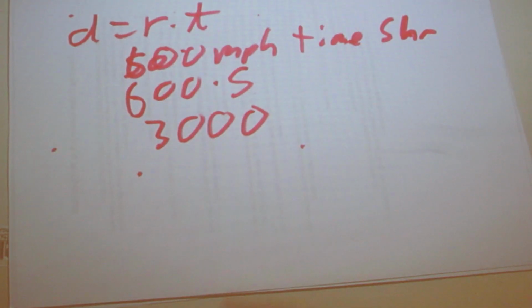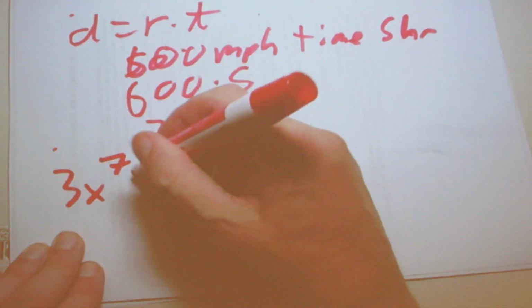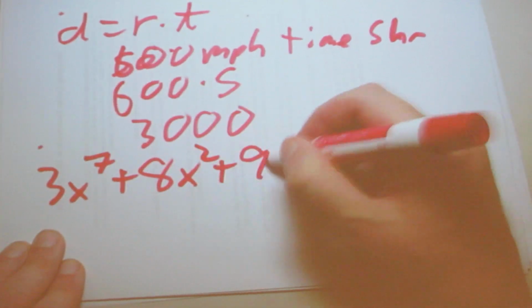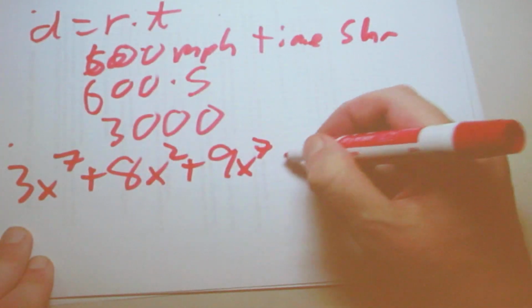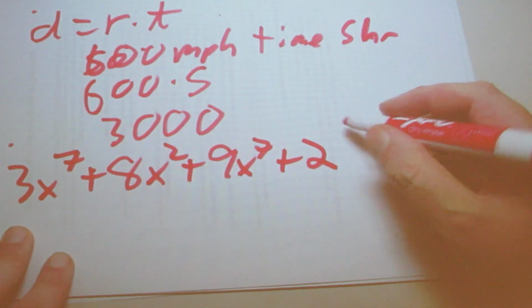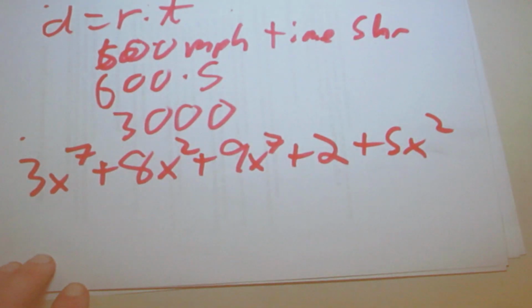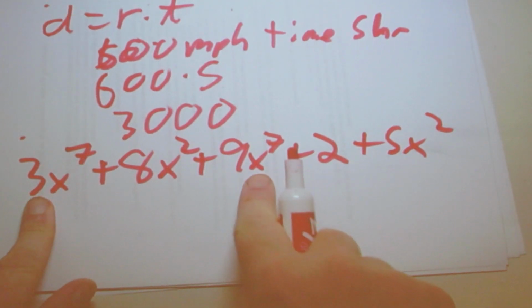Next, we're going to have something like 3x to the 7 plus 8x squared plus 9x to the 7 plus 2 plus 5x squared. And we just need to simplify this by combining like terms. So we can add the x to the 7s.